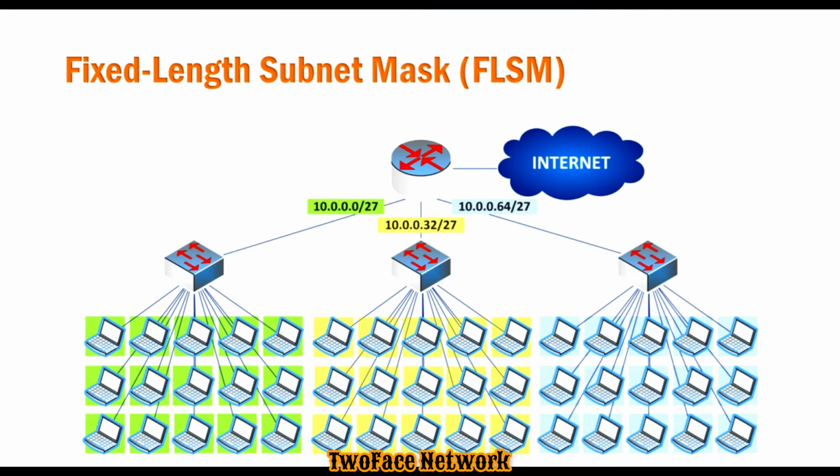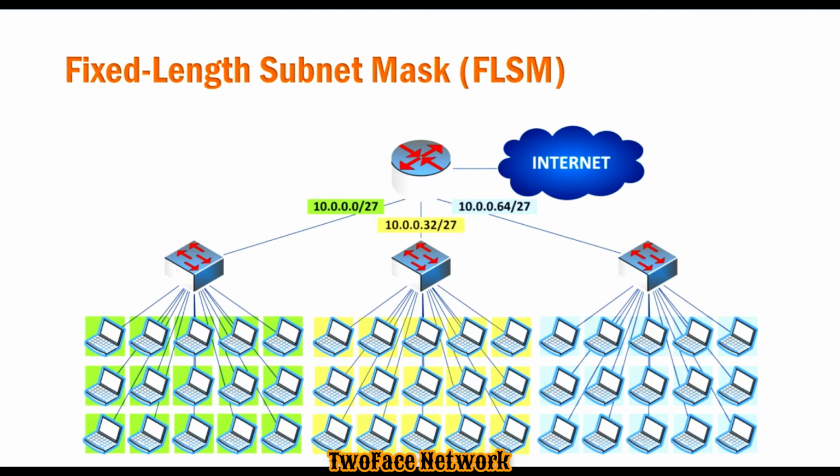But we need two additional IP addresses for the network ID or the network IP address, and the second one for our broadcast IP address. That means in total, we need 18 different IP addresses per subnet. So each of these networks, each of these subnets needs at least 18 different IP addresses.